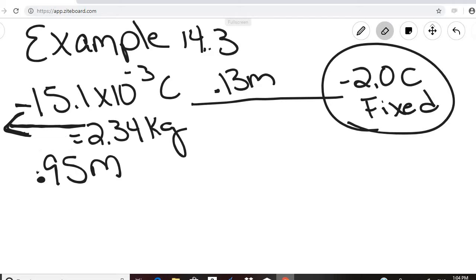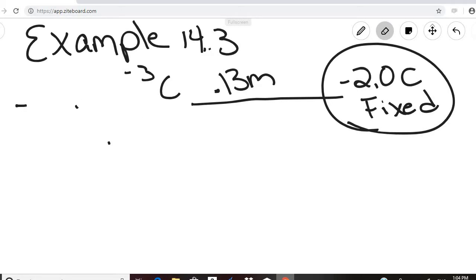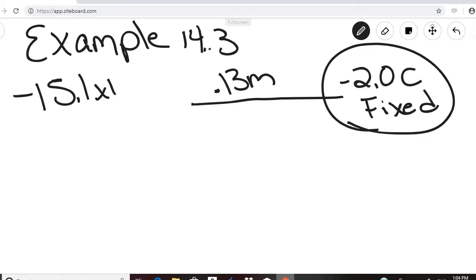Okay, so let's look then at, I should have kept that charge up there. So the other charge is a negative 15.1 times 10 to the negative 3 coulombs.